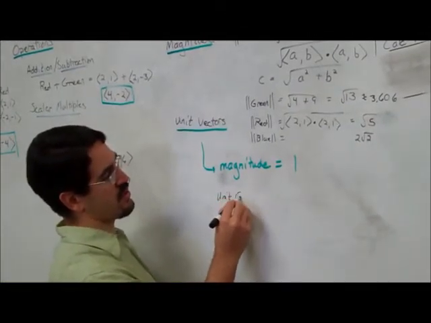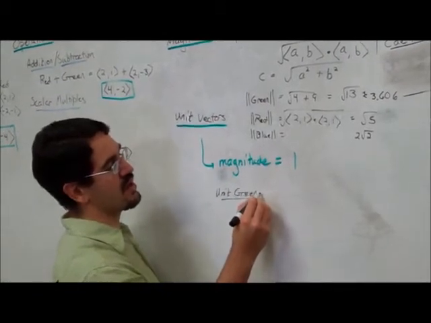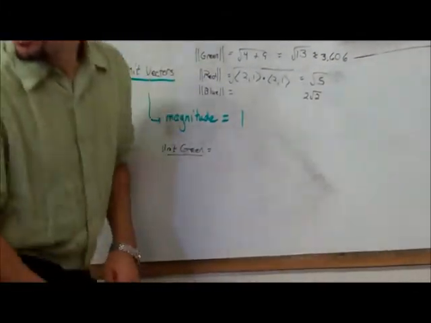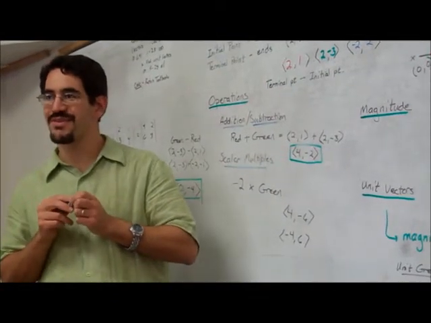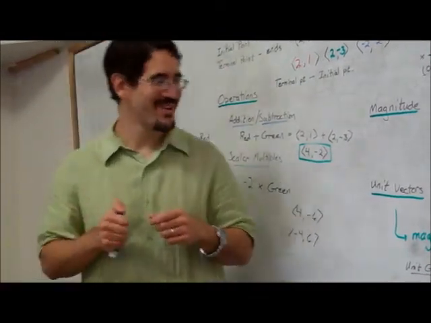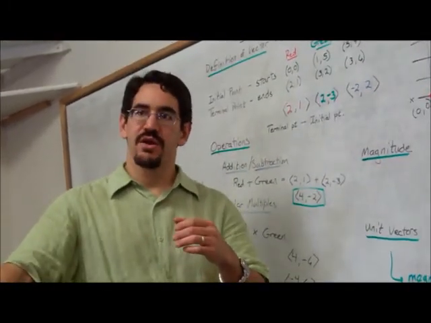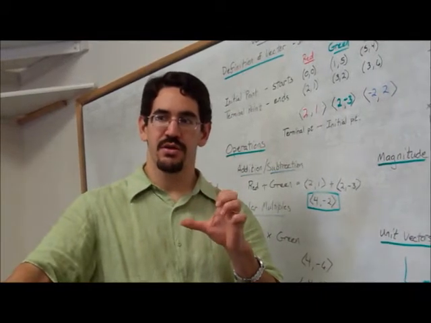Unit green. How do you think you could find the unit green vector? I've got a question. If you divide something by itself, what do you get? 1.